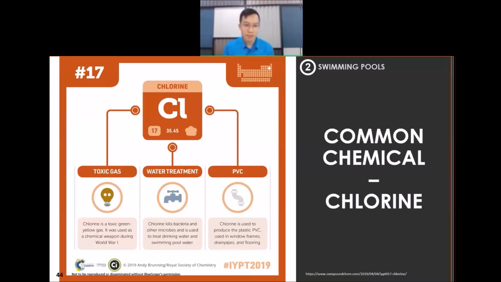How this ion works: just now I mentioned chlorine gas is toxic, but one of the most common use cases for chlorine or chloride ion is water treatment. Be it the water treatment center that treats your drinking water, or a swimming pool, it kills all these microorganisms or bacteria.